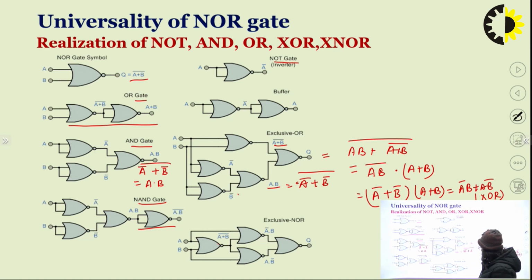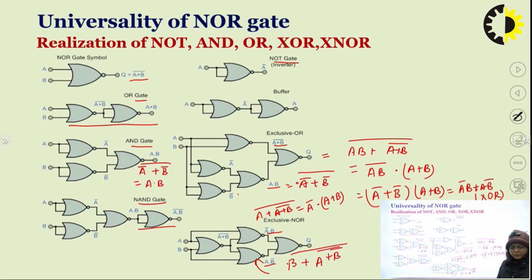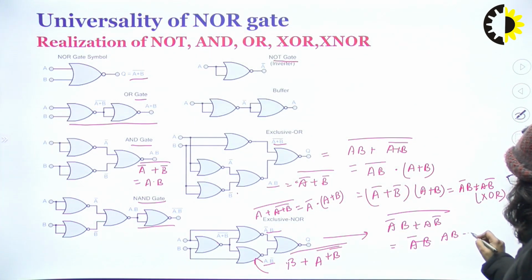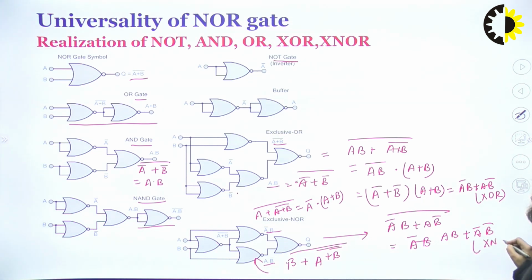When first it is multiplied with A using NOR gate, the output comes out to be (A plus (A plus B) bar) whole bar, that is A bar dot (A plus B), which is nothing but A bar B. And similarly for the second, the output is (B plus (A plus B) bar) whole bar, and if we add these two outputs we get (A bar B plus A B bar) bar, which comes out to be AB plus A bar B bar, that is XNOR gate.